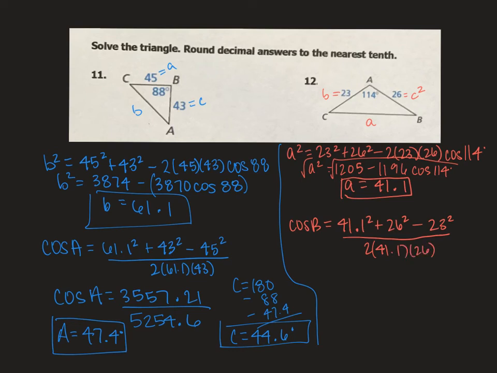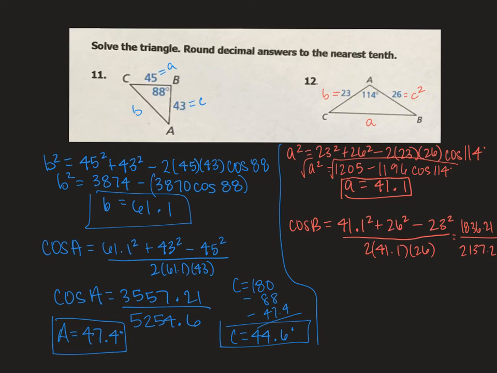So 41.1 squared plus 26 squared minus 23 squared is going to give me 1836.21. 2 times 41.1 times 26 gives me 2137.2.